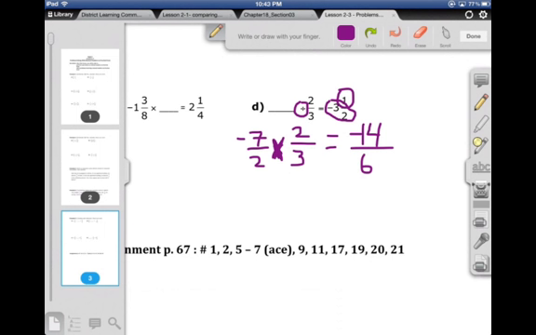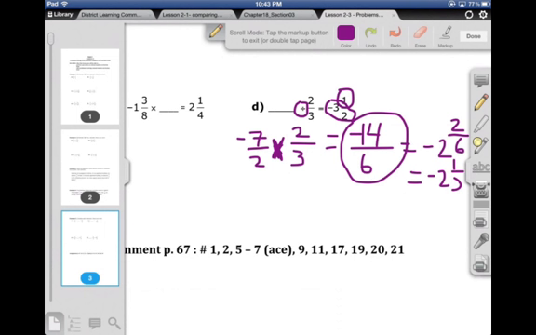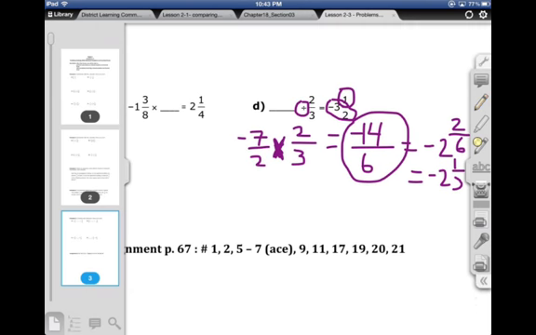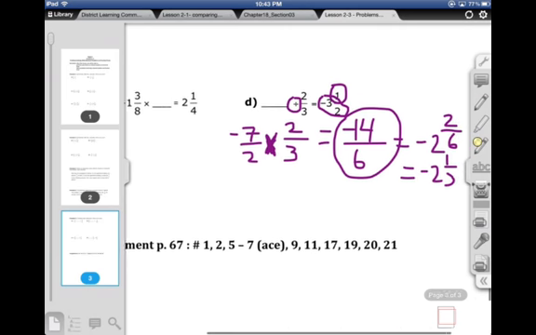Okay, now as a mixed number, that's negative 2 and 2/6, which I could reduce further, negative 2 and a third. But I'm interested in this, because this is easy to multiply with. Let's see if that is the correct value. Is that right? Basically negative 14 over 6. Does that equal our answer?